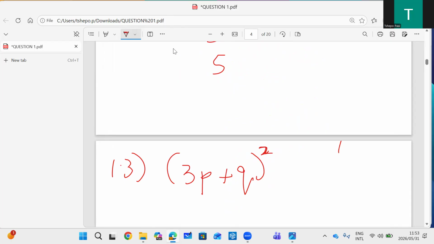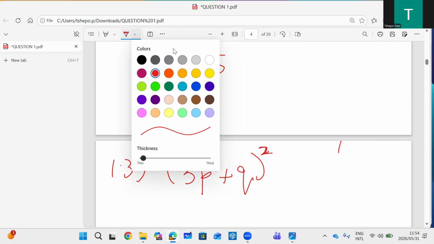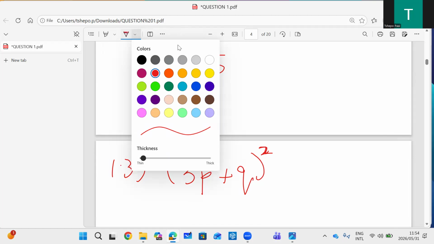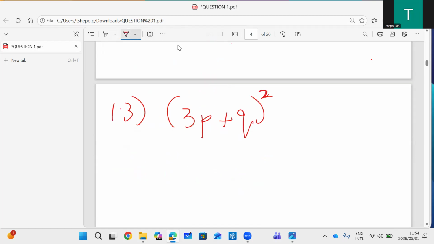This is a binomial, squaring a binomial. How do we square a binomial? Squaring, you square 3p, it gives you 9p squared.